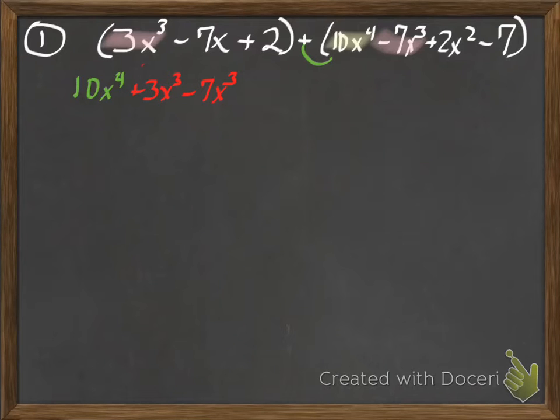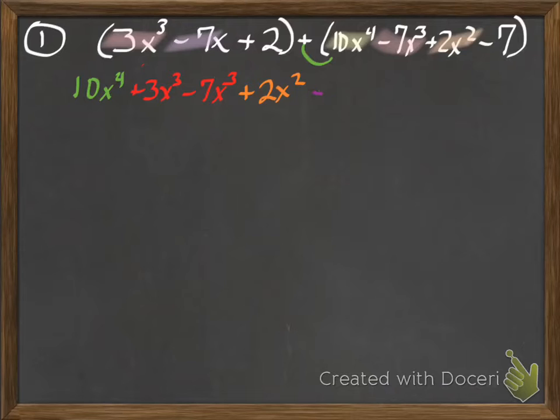Next we have our x squareds. We only have one x squared, or one term that has an x squared, and that's your 2x squared. So plus 2x squared. Then we go to our linear x term. There's only one of those.